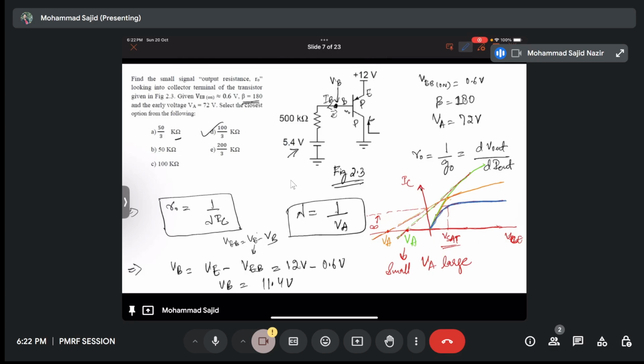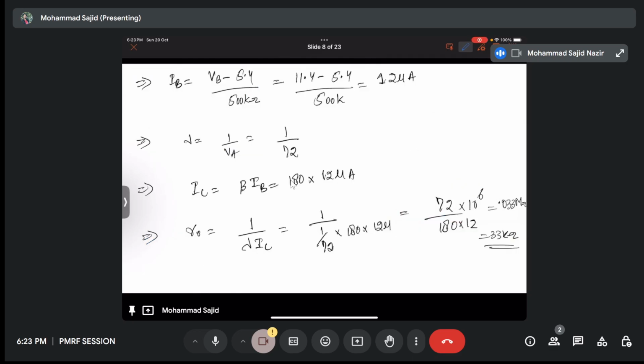And R naught is calculated by 1 by lambda IC, and lambda is 1 by VA. So the higher the VA, the larger the R naught, and that is good for your circuits and gain.